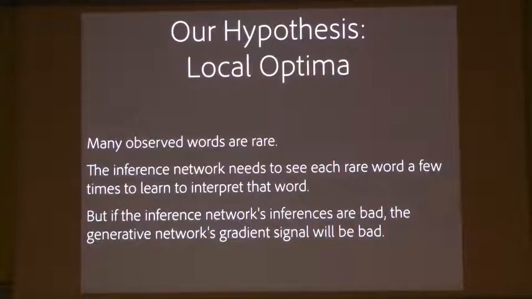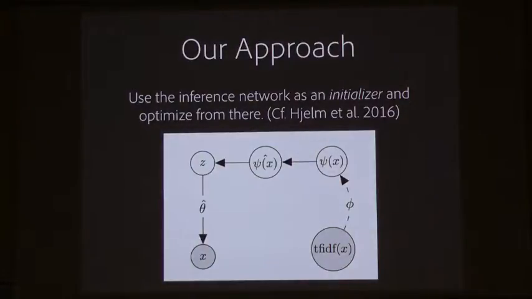And that's our hypothesis. So to address that, the main idea, which was also independently had and presented at the main conference a couple days ago, is this: rather than taking the variational parameters that the inference network gives us as the final word on how we approximate the posterior, we're going to apply a secondary iterative optimization to improve those variational parameters, come up with a better approximation to the posterior, and get a better signal that we can use to train our generative network.